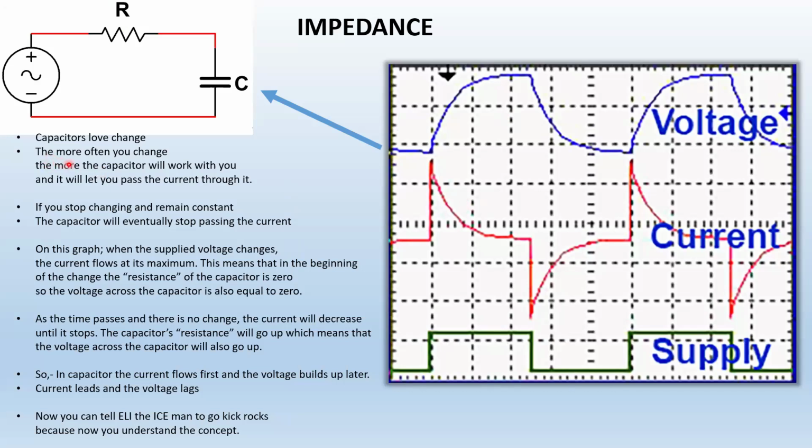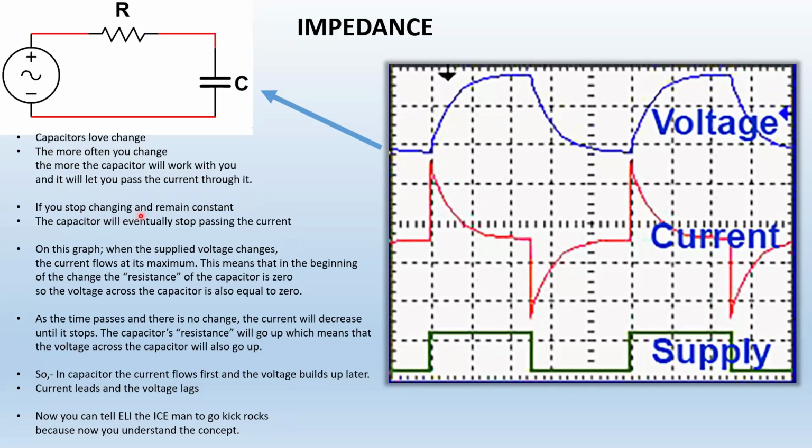Now, what else do I have? Other things that are associated with capacitors. Capacitors love change. The more often you change, the more the capacitor will work with you, and it will let you pass the current through it.